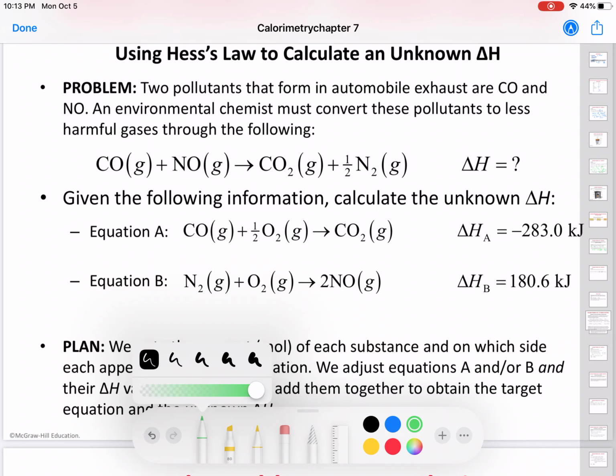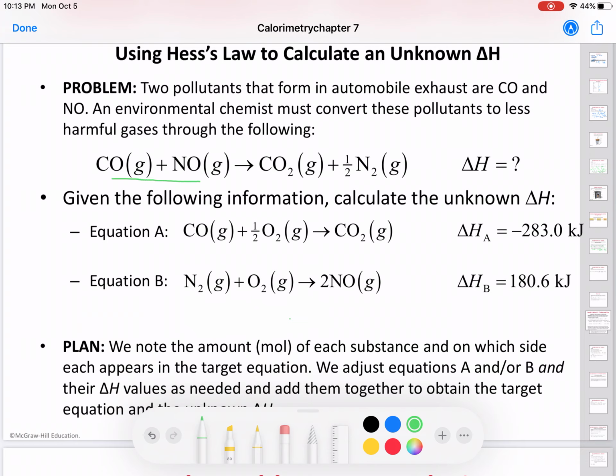This equation is balanced. That is going to be our target equation. Carbon monoxide plus nitrogen monoxide giving you carbon dioxide and nitrogen. It's balanced, so it's half nitrogen. We want to find out the delta H for this reaction.